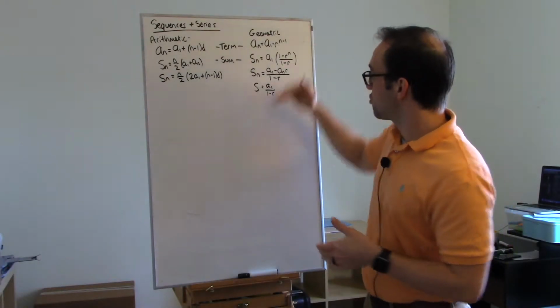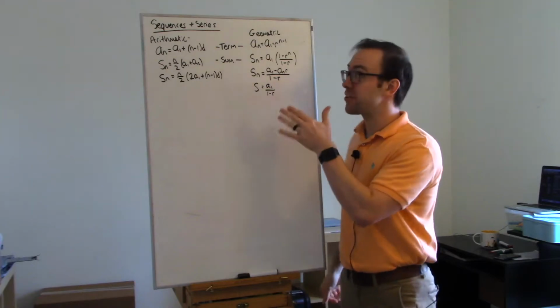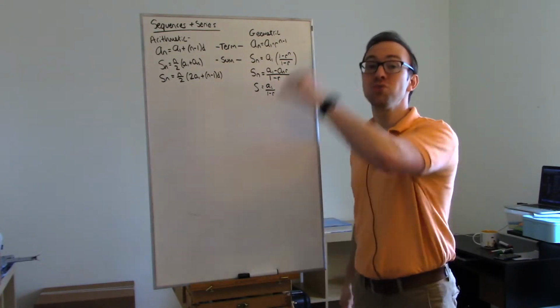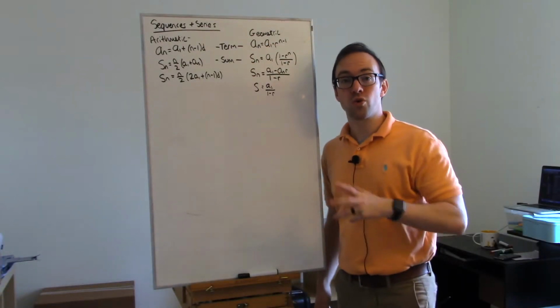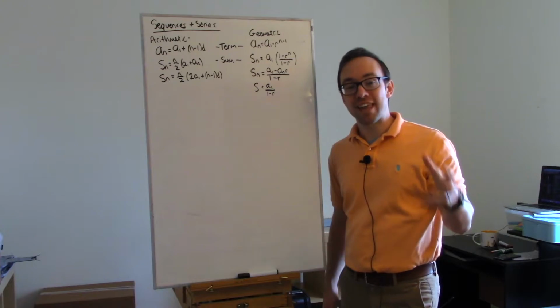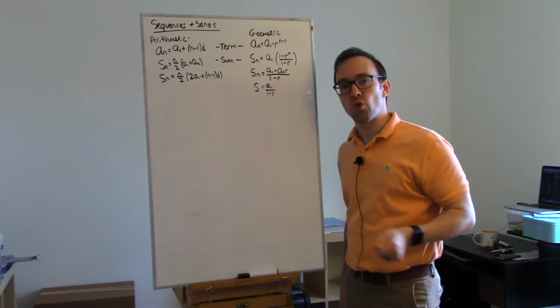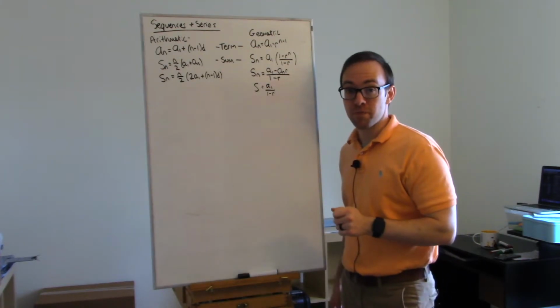Now the formulas for the geometric. The term formula, a of n equals a1 times r to the n minus 1 power. The a of n, or the number at that particular term in the sequence, equals a of 1, or your first term in the sequence, times r.